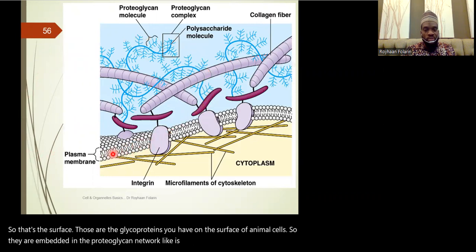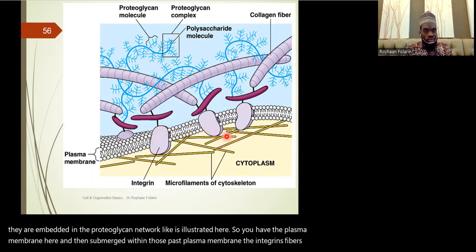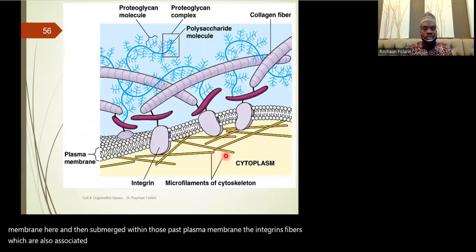So you have the plasma membrane here, and then submerged within the plasma membrane are the integrin fibers, which are also associated with the microfilaments of the cytoskeleton.